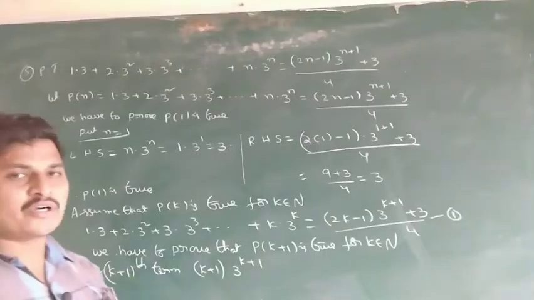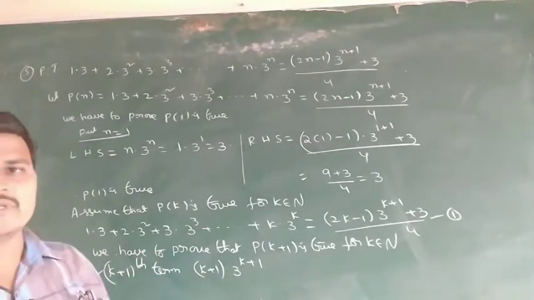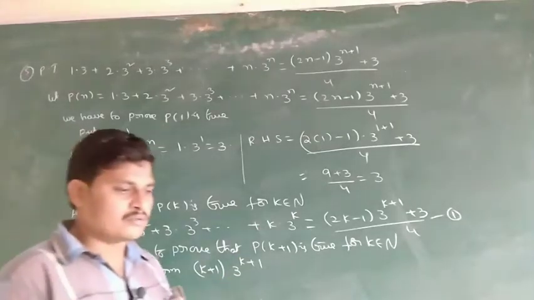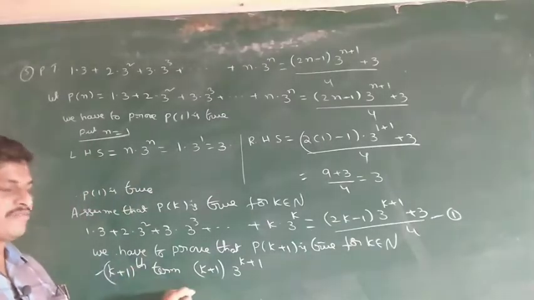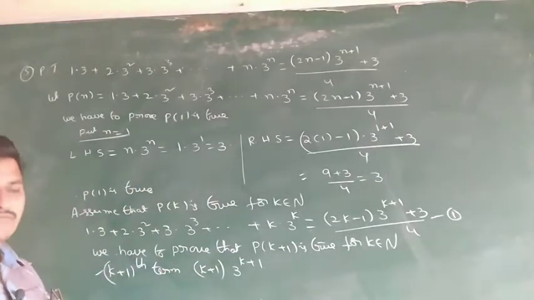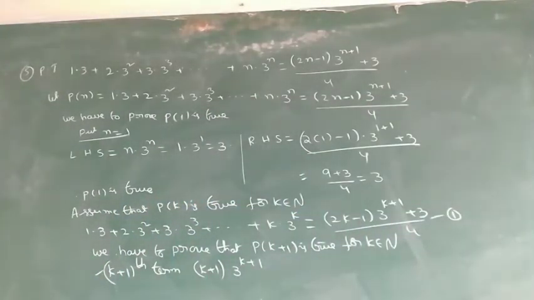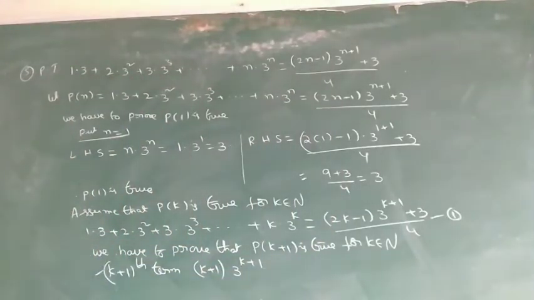The major part is k plus 1. If k plus 1 is wrong, the remaining major part is also wrong. So the k plus 1 is main. This we have to find perfectly. Okay, clear?